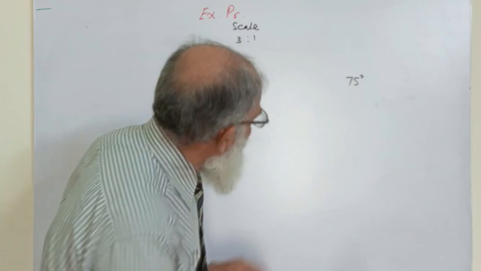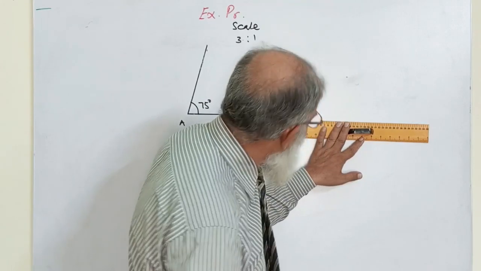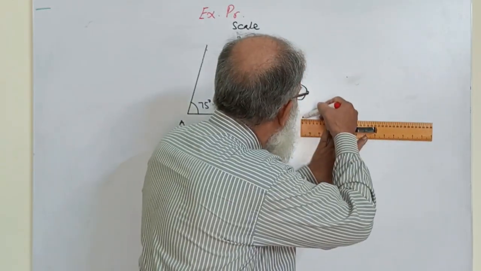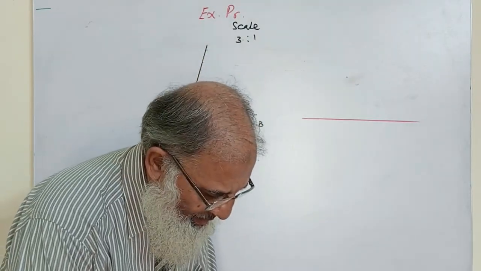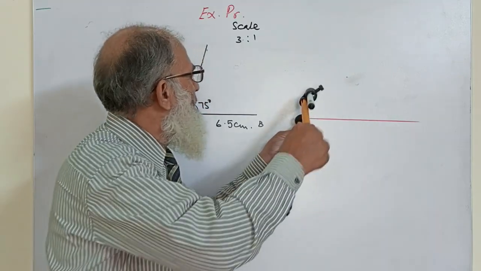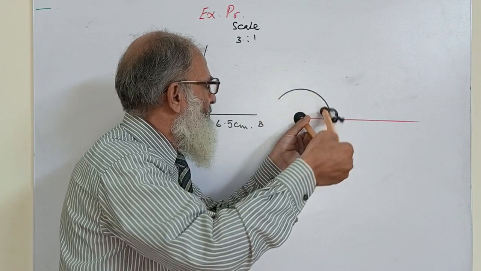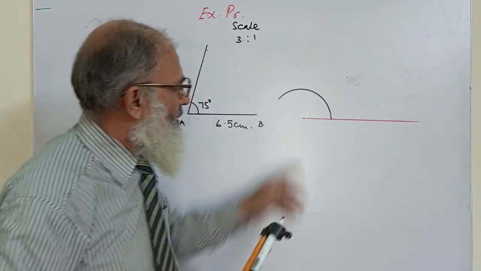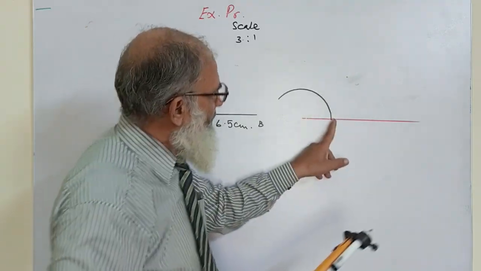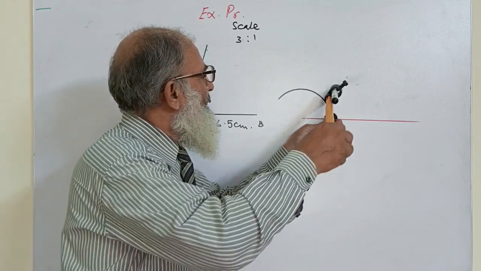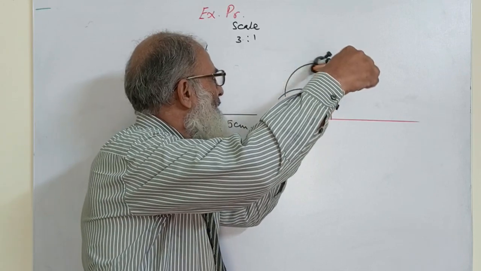I am going to draw it somewhere here, for your knowledge only. Now draw an arc from center A, and where the arc cuts the line, take that as center and draw two arcs simultaneously on the previous arc.